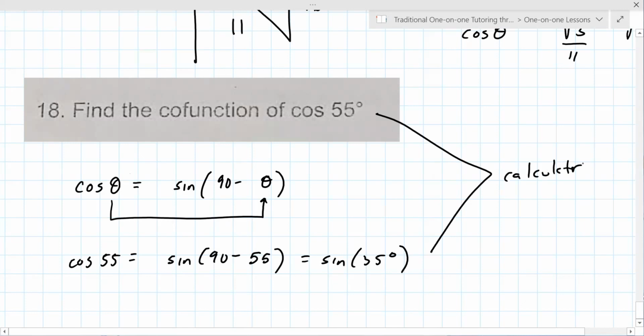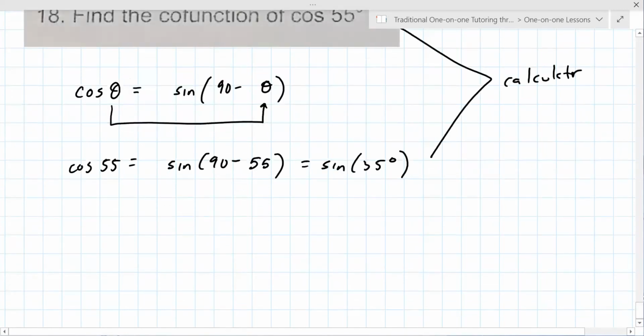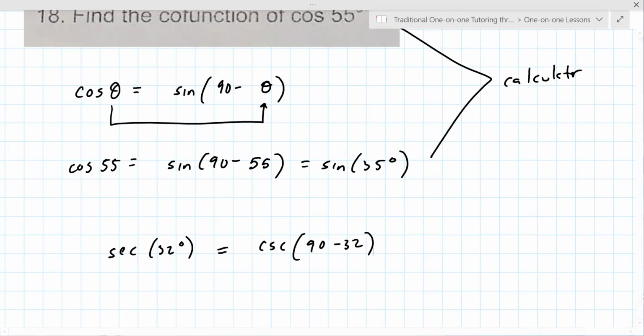Oh, okay. But there's a bunch of these, like let's say your instructor said, cofunction of secant 32 degrees. Well, this is cosecant of 90 minus 32. And there's 6 of them. The problem is the one I've got here is in terms of radians.